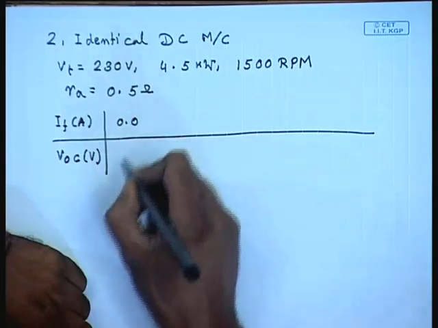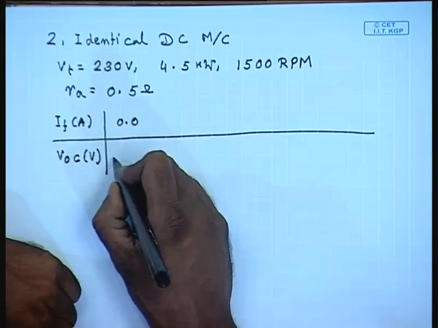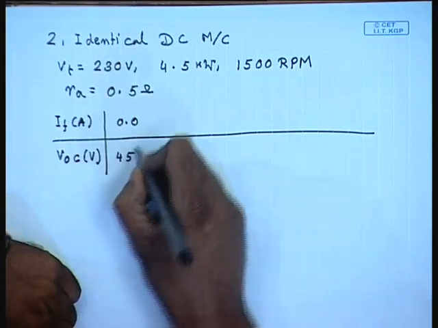At no field current, there is a residual voltage of 45 volts.